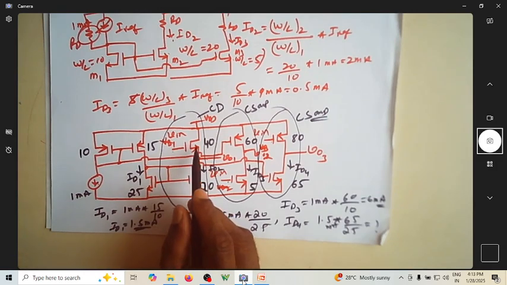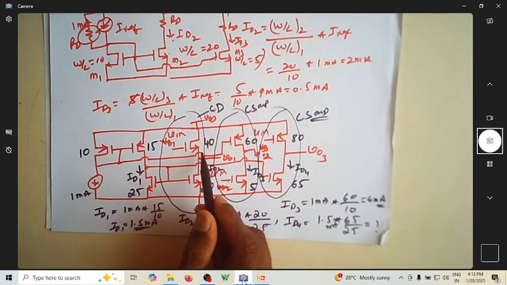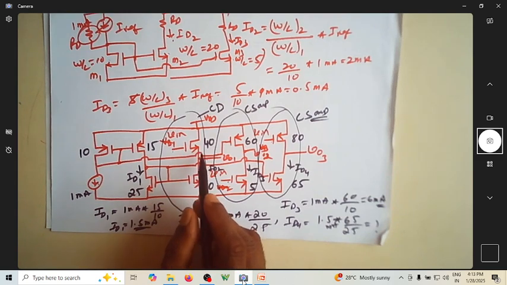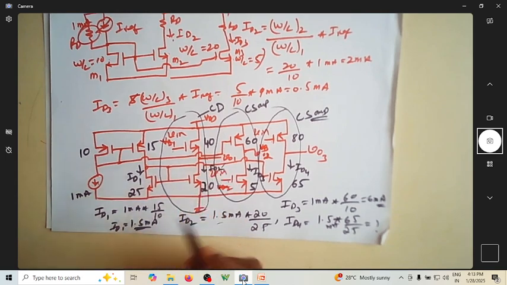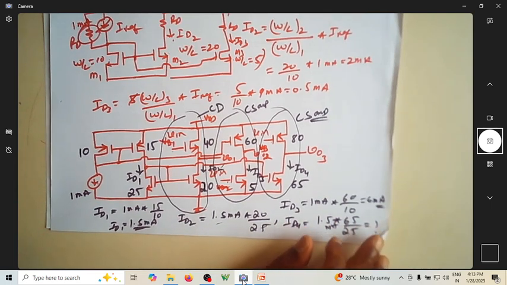To find the gain, of course, you should know the W by L of all these transistors. You have to find the value of gm. Once you have gm, you can find the expression or the values of gain of these amplifiers.